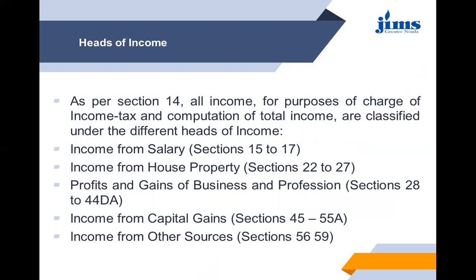That is, income from salary, sections 15 to 17; income from house property, sections 22 to 27; income from profits and gains of business and profession, sections 28 to 44DA; income from capital gains, 45 to 55A; and income from other sources, sections 56 to 59.